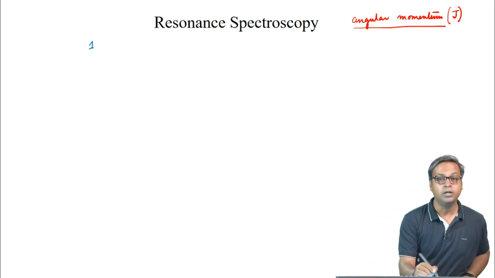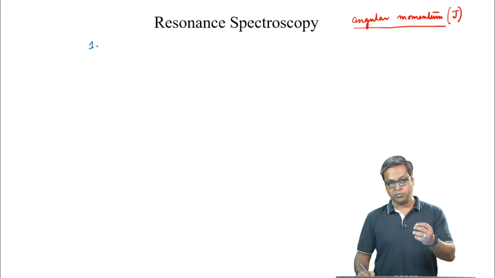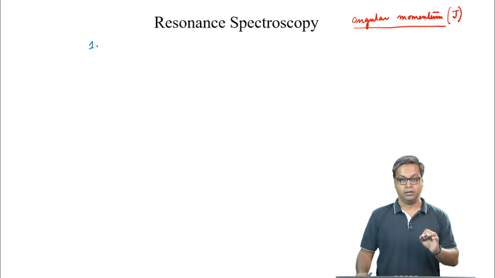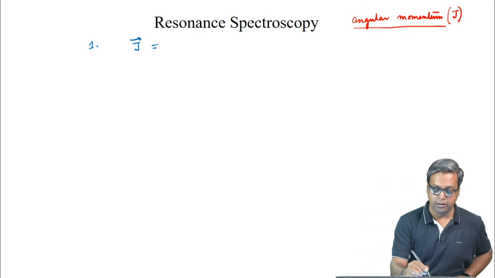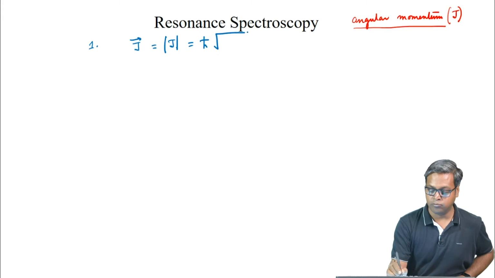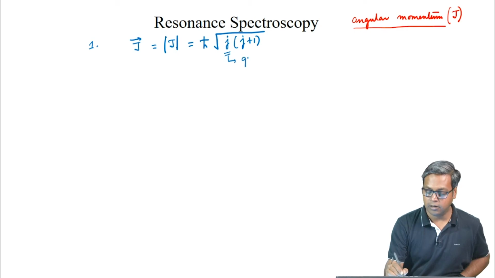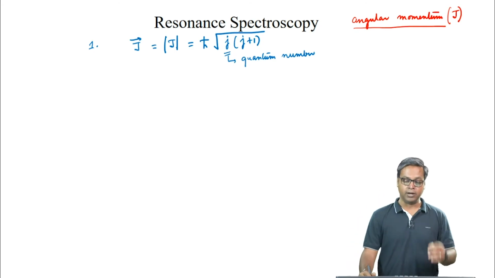The first property is, and we saw this during our discussion on spin angular momentum a couple of minutes back, the angular momentum vector J has a magnitude which is given by h cross times root over j times j plus 1, where the small j is a quantum number, which is the angular momentum quantum number. That means, it is a quantum number characterizing the angular momentum.